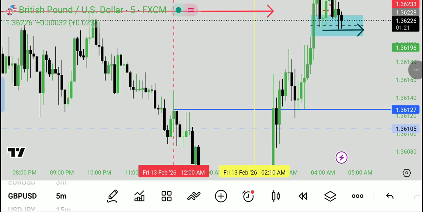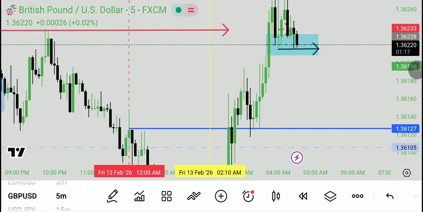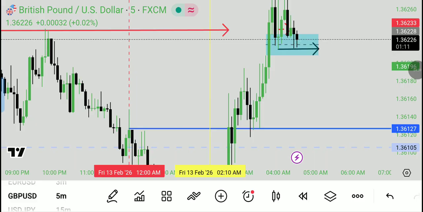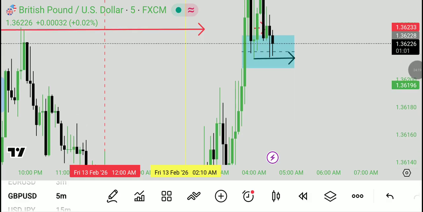How did the market work with them? When the market forms relative equal lows and below it there is an imbalance, the market pushes down there and forms a pattern for you to go long. It means that the relative equal low is powerful. Hope you understand what I mean.